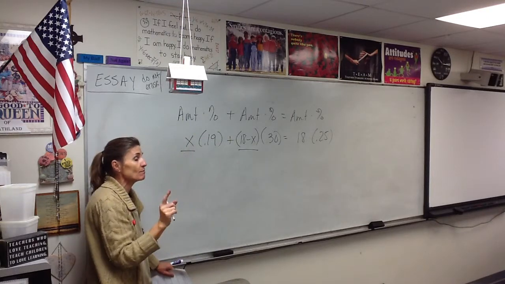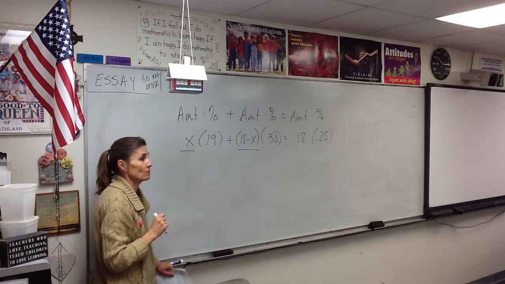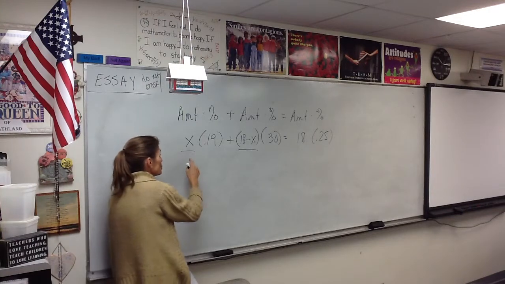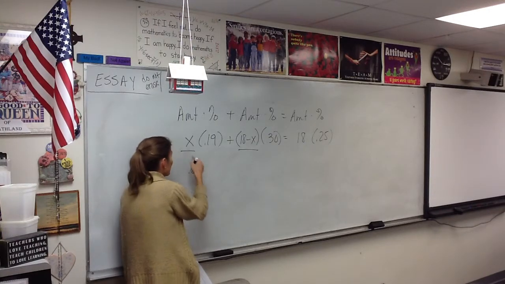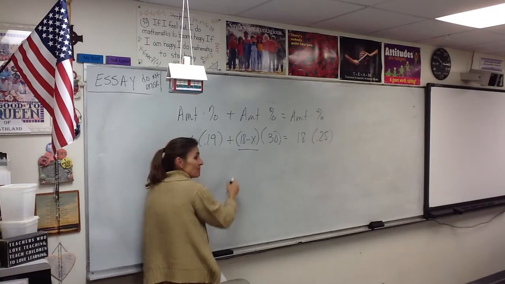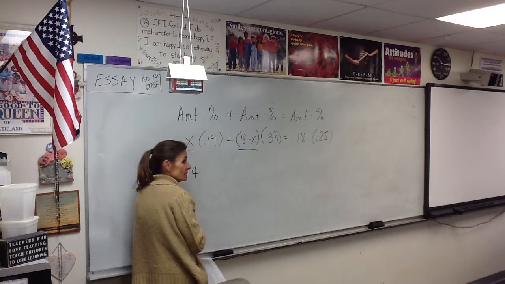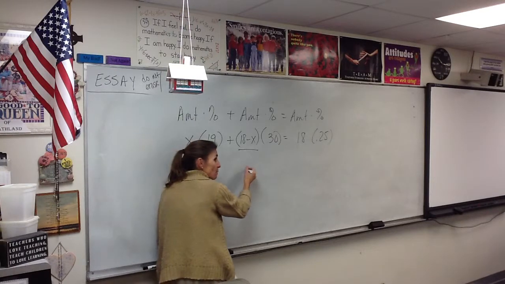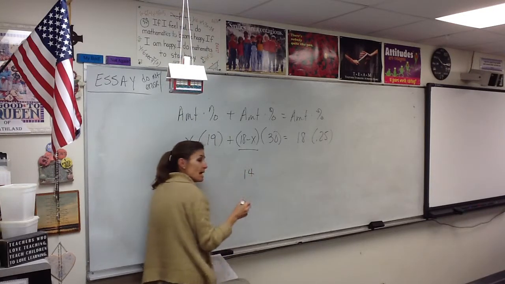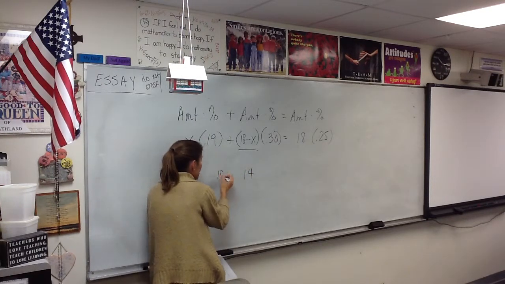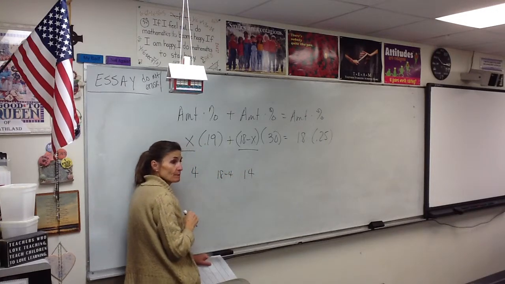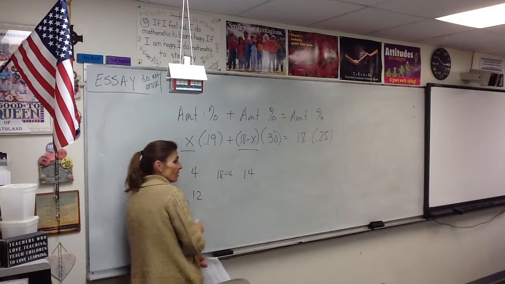Now, I know that's confusing, so I want you to think about it for a second. What if I told you this was 4? What would this have to be? If they add up to 18, and this was 4, this would have to be 14. You know that because you would take 18 minus 4, right? So what if this were 12?